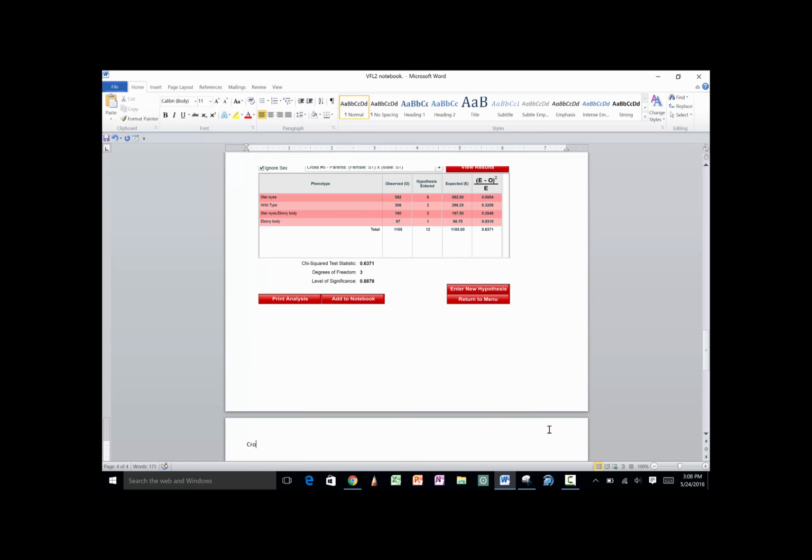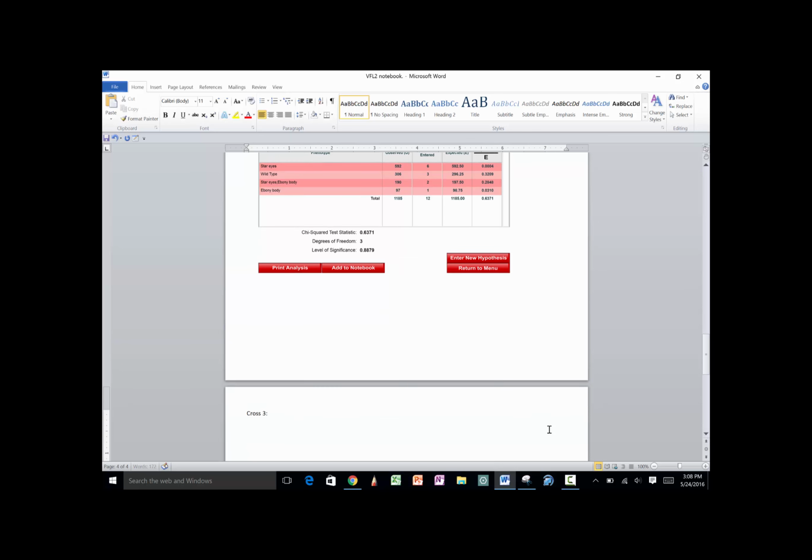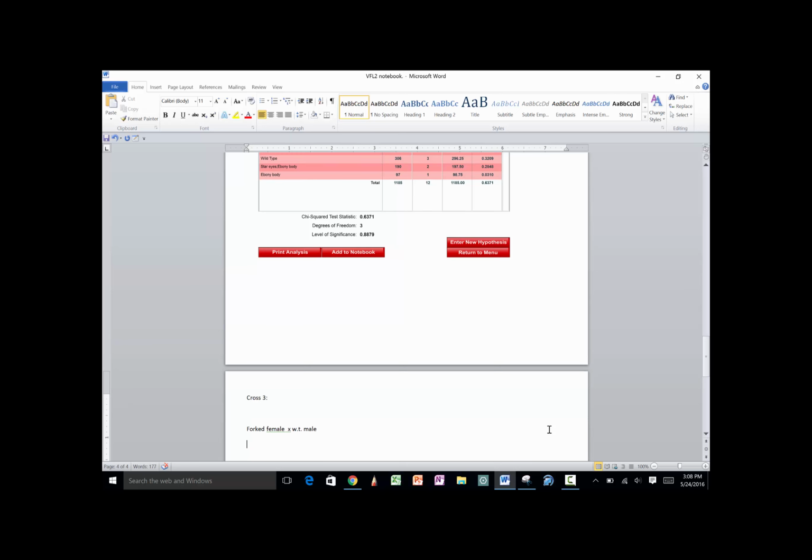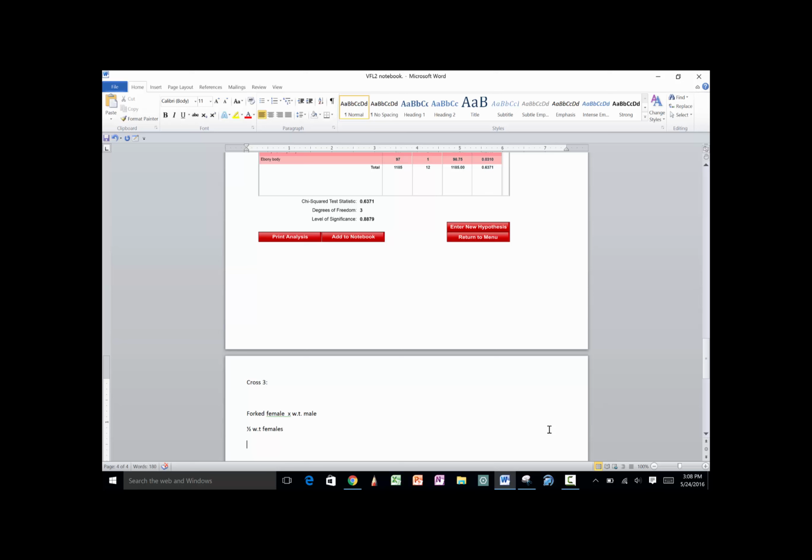I think this might be cross 3. So we took a forked female, crossed to a wild type male, and we got 1/2 of our flies were wild type females, and 1/2 were forked males.